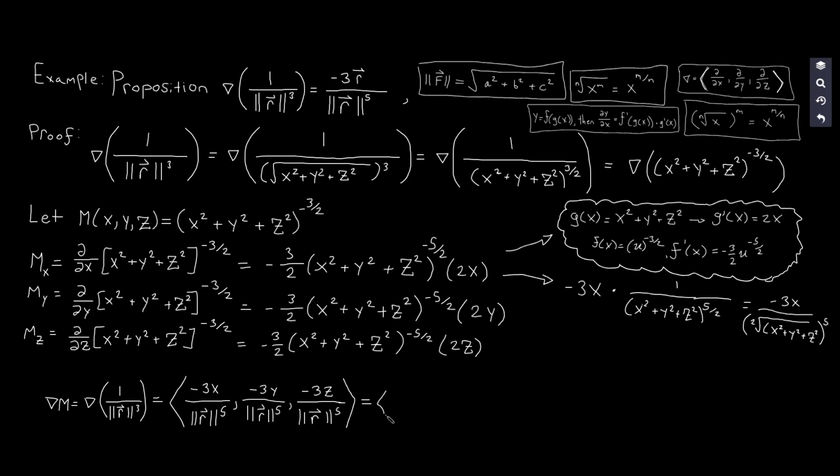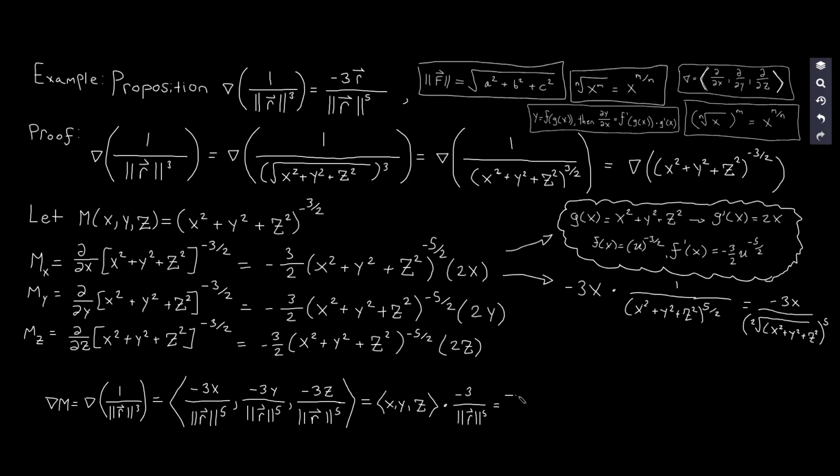Then I could have this multiplied to negative 3 over the magnitude of vector r raised to the fifth.